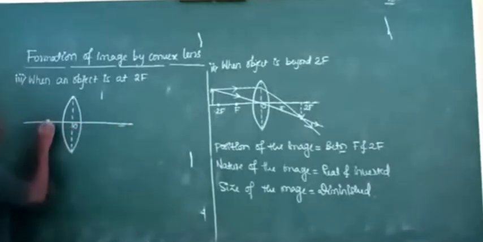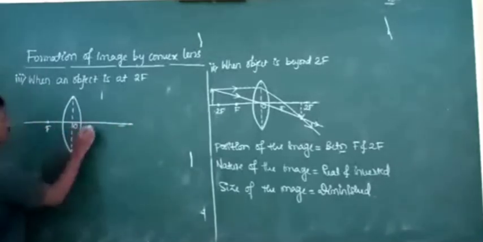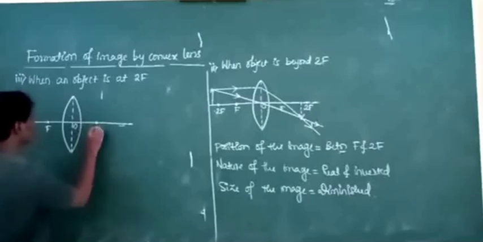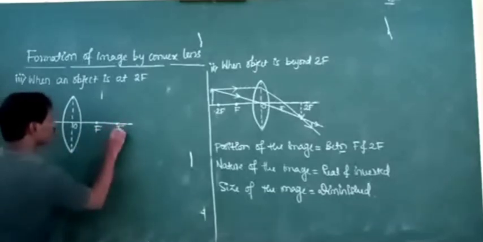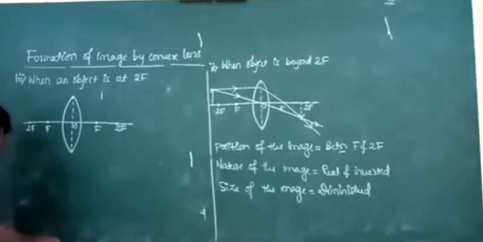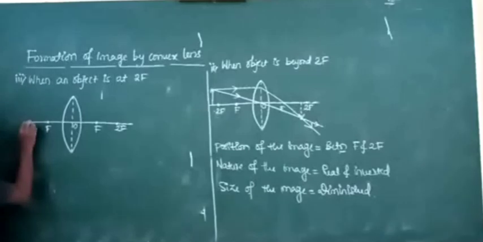Optic center, F and F. On this side 2F, and on this side also 2F. Where is the object now? The object is at 2F.